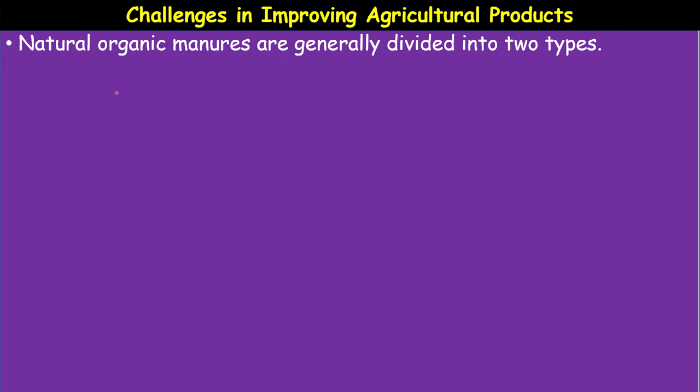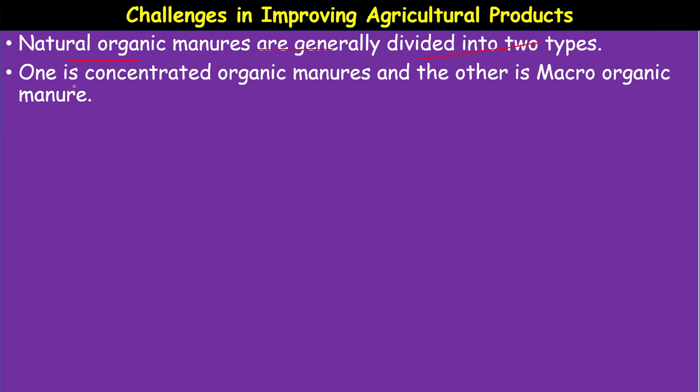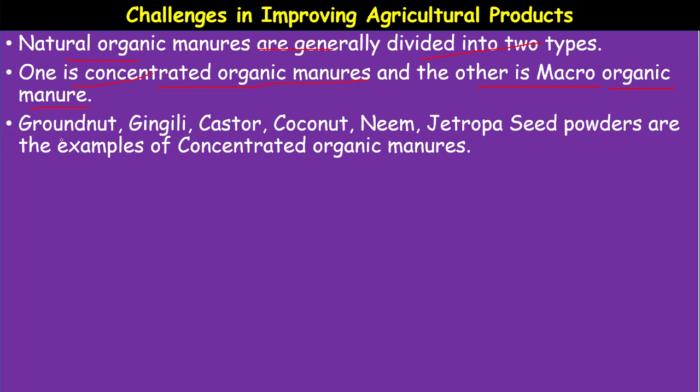The natural organic manures are generally divided into two types: concentrated organic manures and macro organic manures. Groundnut, gingerly, castor, coconut, neem and jatropha seed powders are examples of concentrated organic manures. Neem oil cake, groundnut oil cake, gingerly oil cake and castor oil cake are available like that.